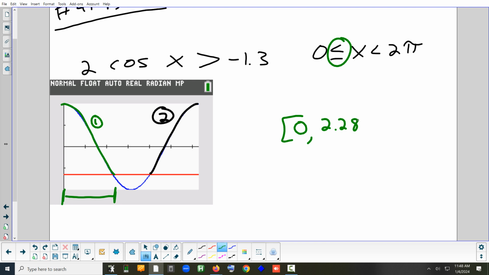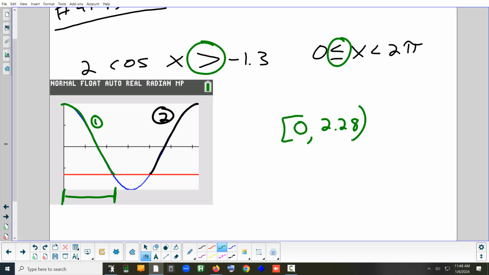Now, can I include 2.28 or not include? No, I can't include it because it doesn't say that these graphs can be equal to each other. It says the wave has to be greater, has to be above. So don't include where they hit. 2.28.